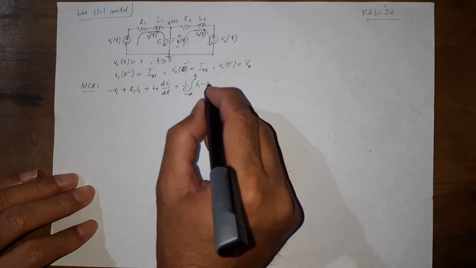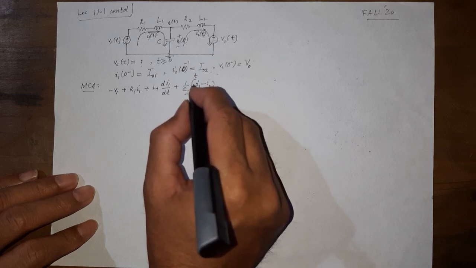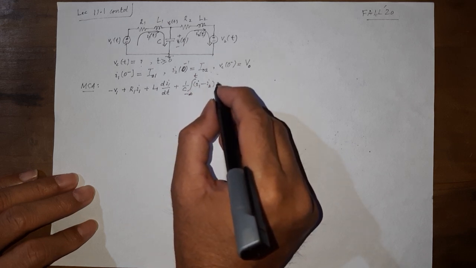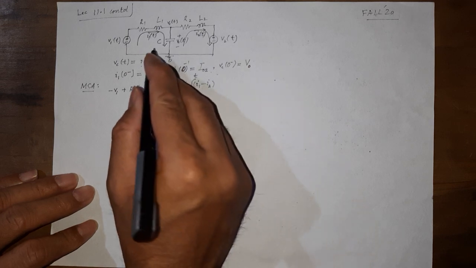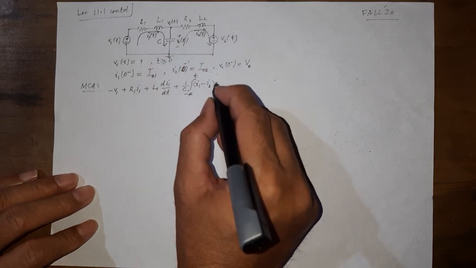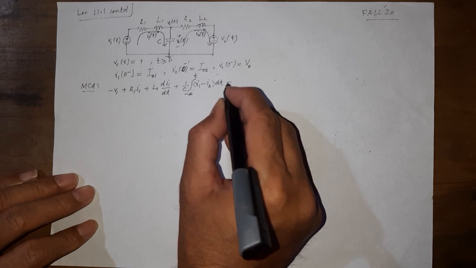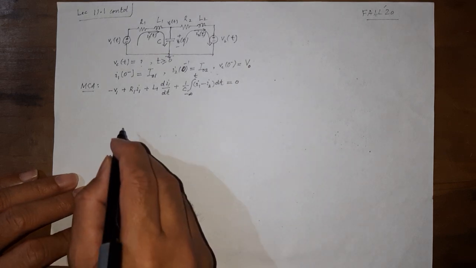And because the C is common in both meshes, we write it this way, equal to 0.